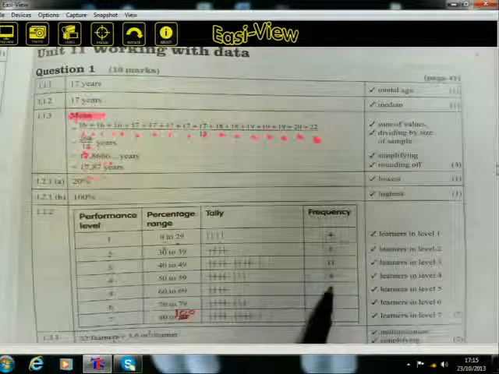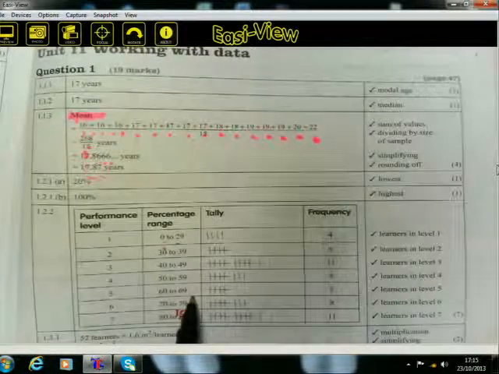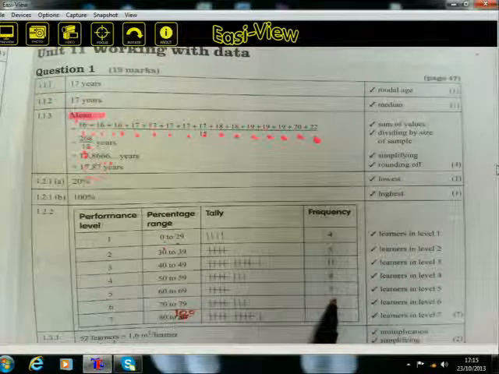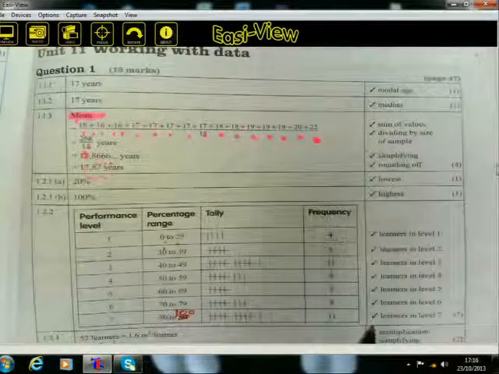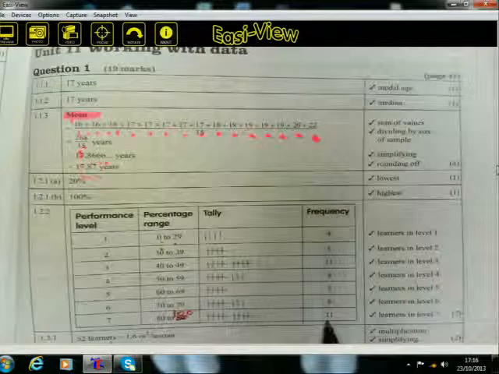Learners who got 50 to 59, that's 8. Learners who got 60 to 69, that's 5. Learners who got 70 to 79, that's 8. And 80 to 100, they were 11.